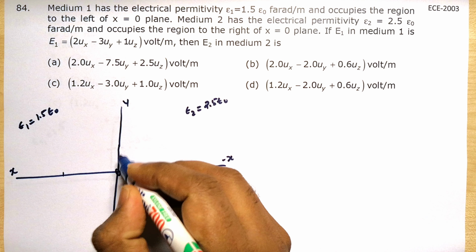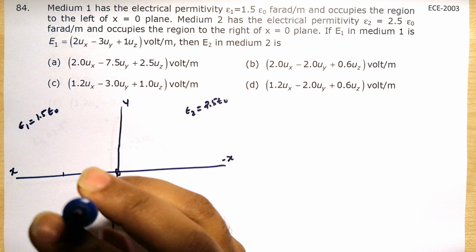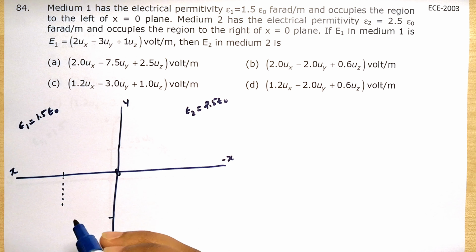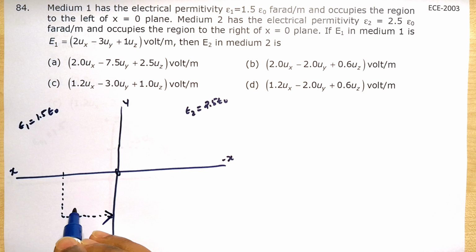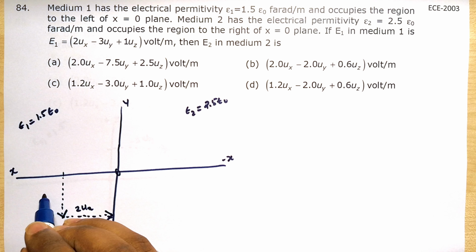If we draw these vectors here, this is 2 ux and this is minus 3 uy.